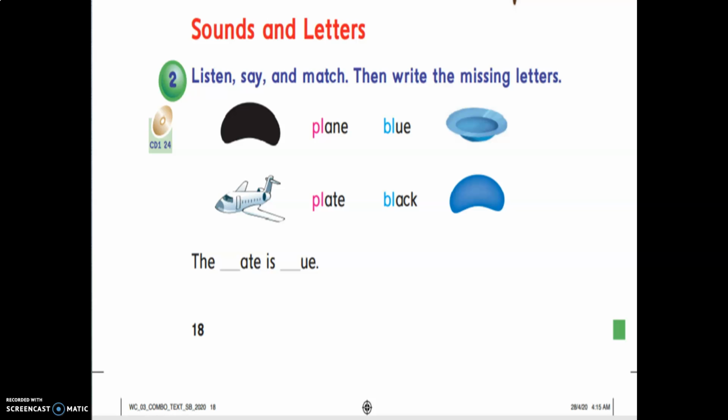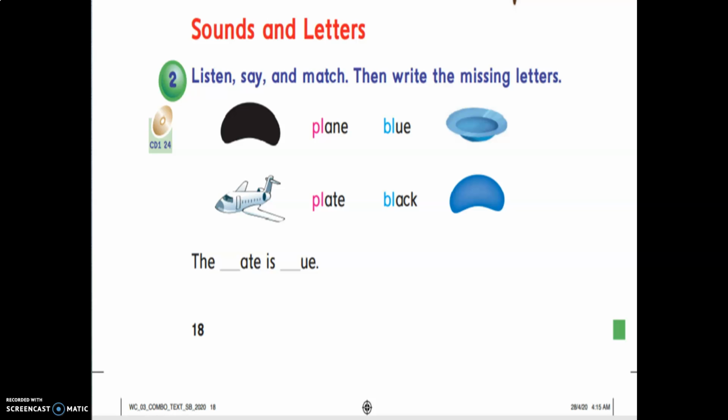Are you ready? Let's practice first. P says pen. PL says plane. PL says plate.